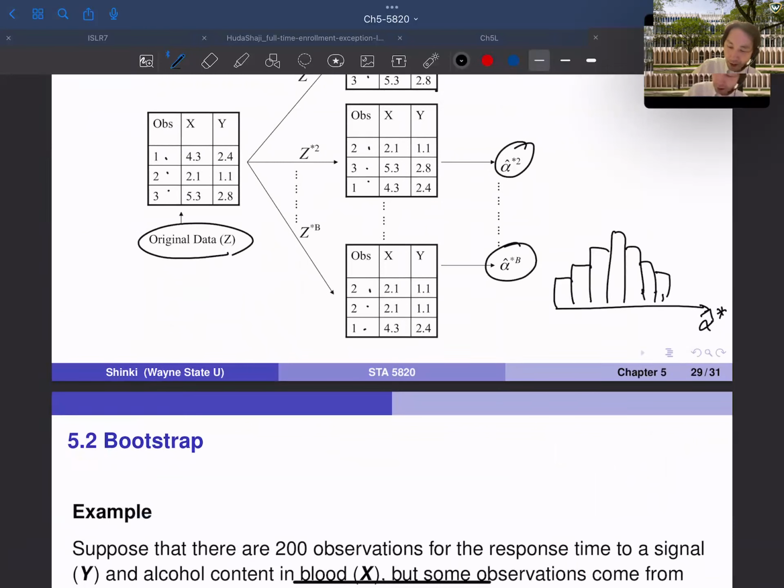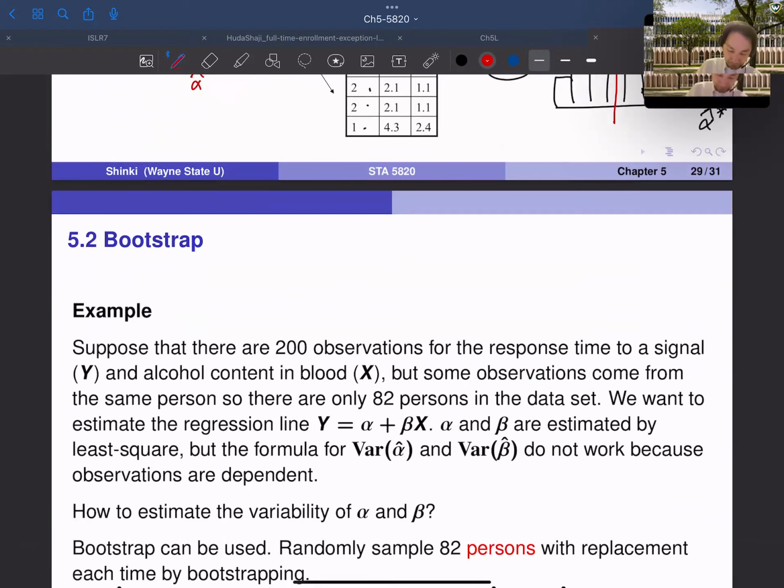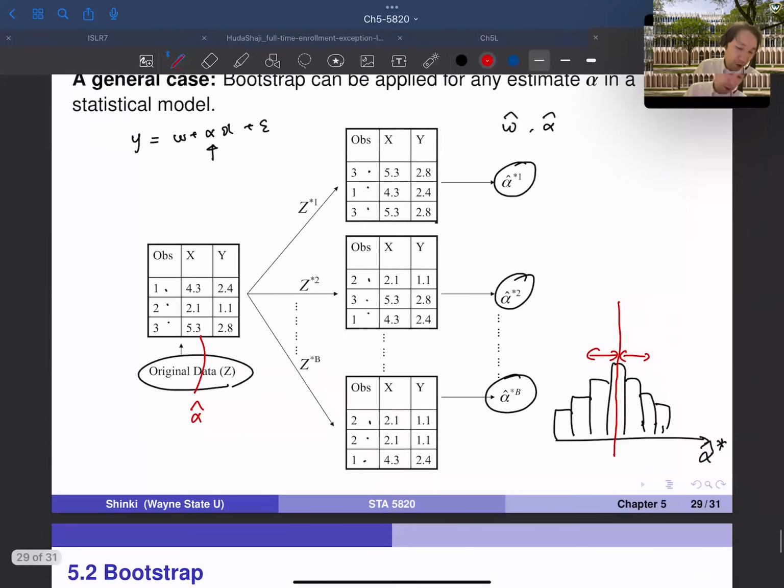Then we can evaluate variability. For example, we can estimate the mean. The mean is usually almost the same as alpha hat from the original data set. But you can also calculate the standard deviation since we have the distribution. For the linear model, we still have a way to estimate the standard error of alpha hat, right?